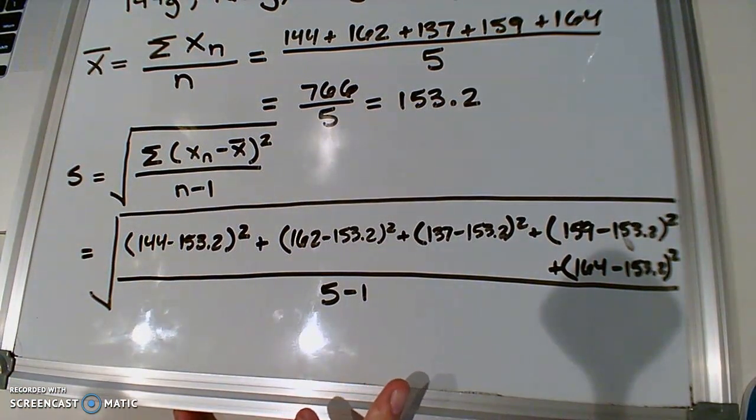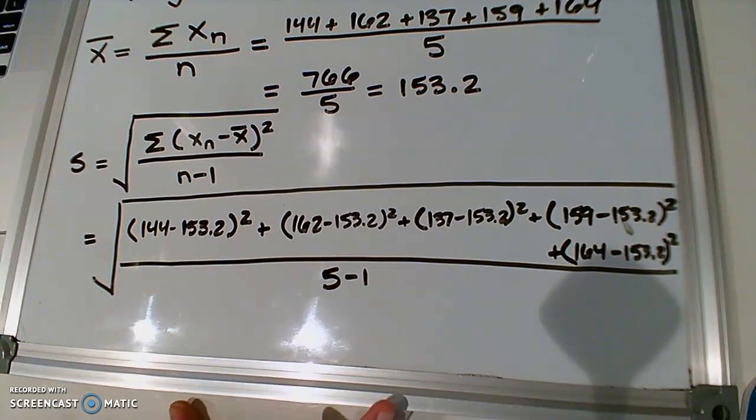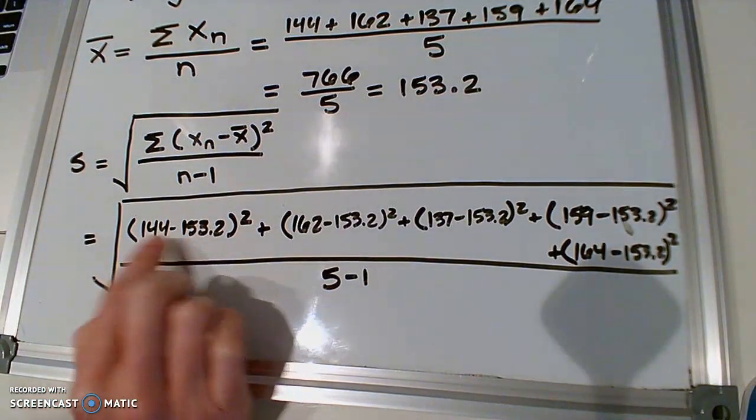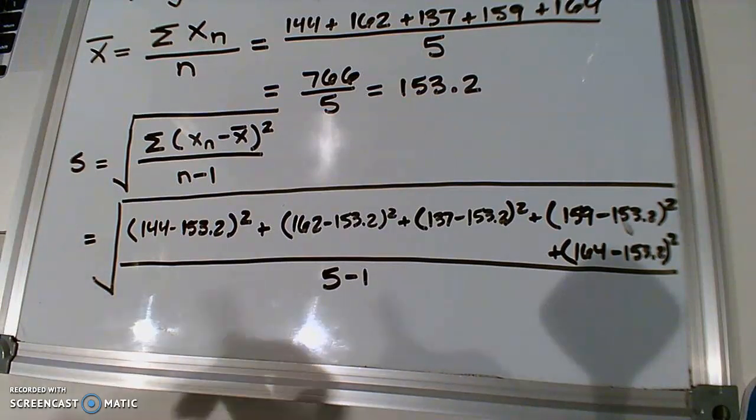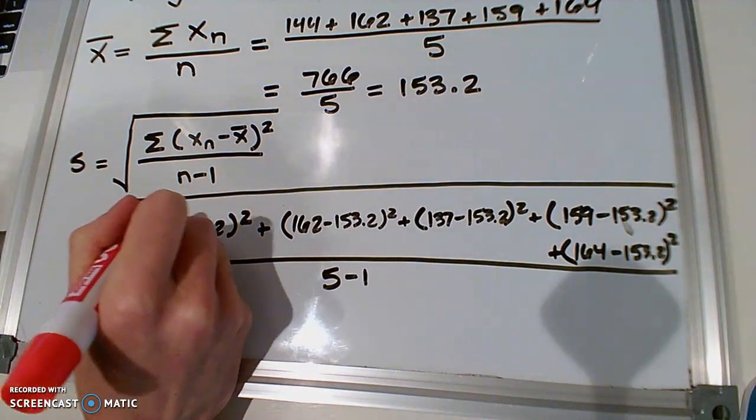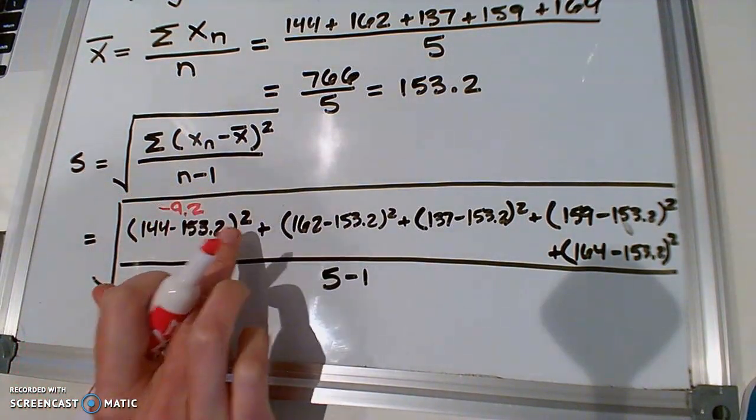All right, that's a lot to plug into your calculator. So you can do it if you want to just plug in, what's 144 minus 153, that type of thing, and you can go through, and I will actually just write all those down in red above our value. I have it calculated here. So this is negative 9.2. Remember, we have to square it.